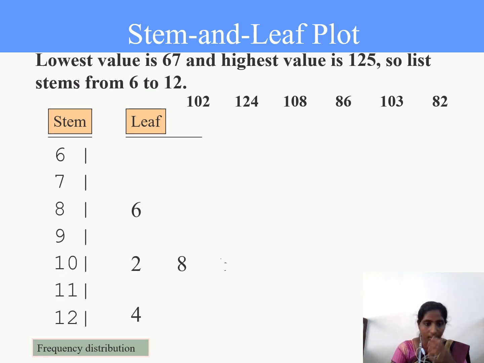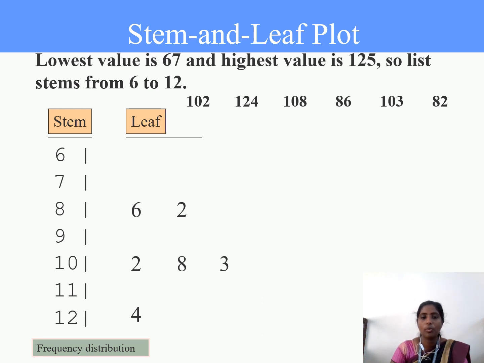So our stem here is 6, 7, 8, 9, 10, 11, 12, and how we have to mark the leaf is, first we have to consider the first observation, it is 102. So here the stem is 10 and the leaf is 2. So we have to mark 2 in the stem 10.